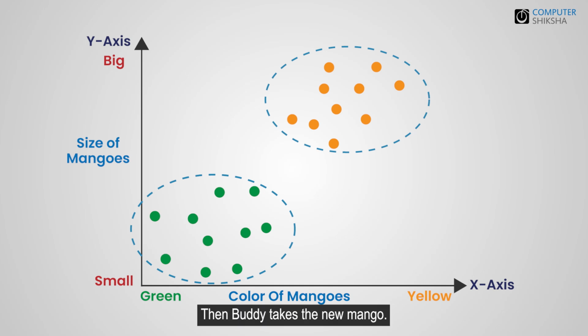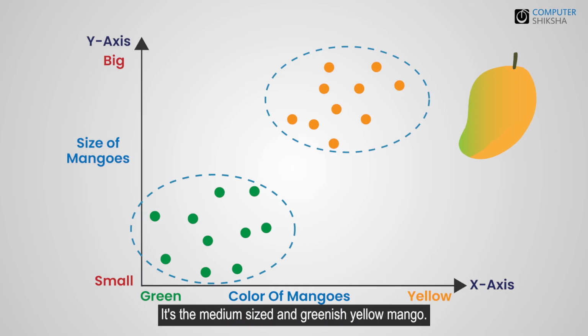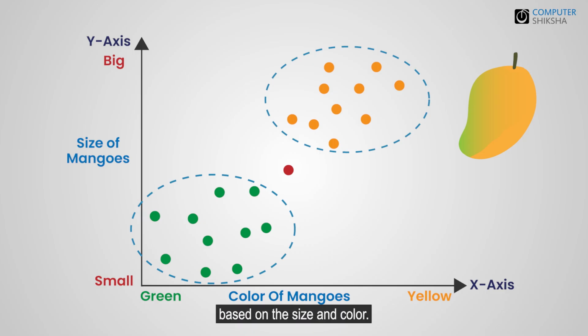Then Buddy takes the new mango. It's the medium-sized and greenish yellow mango. He puts its dot on the graph based on the size and color. This dot comes somewhere in the middle, between the two groups of dots.